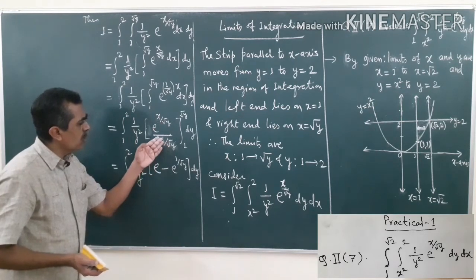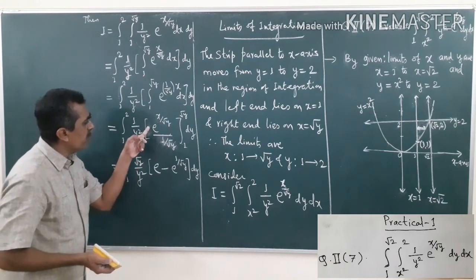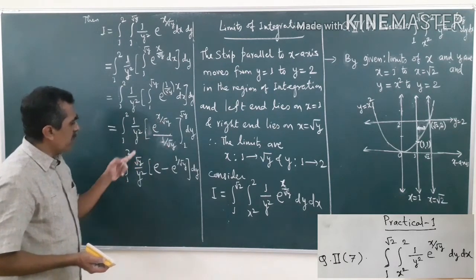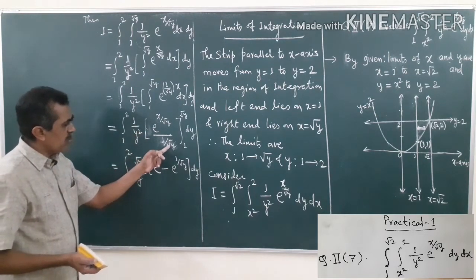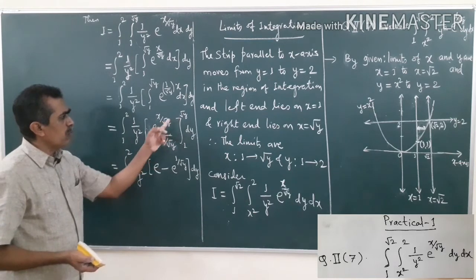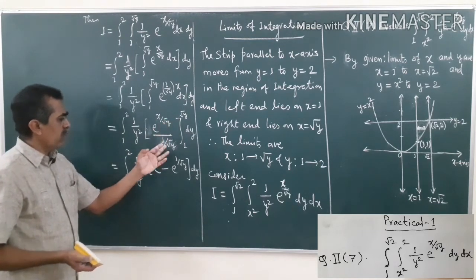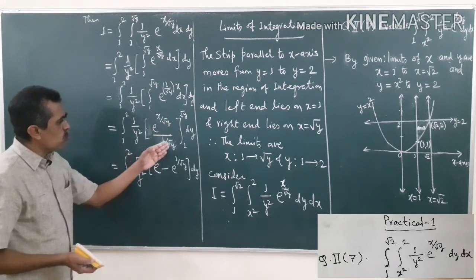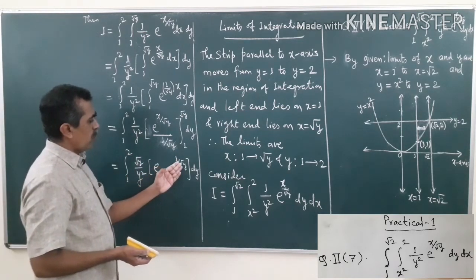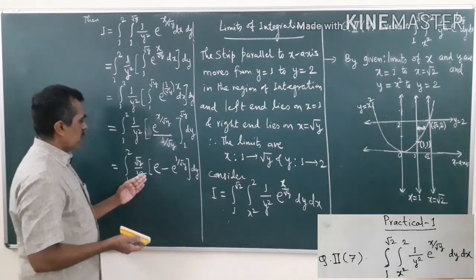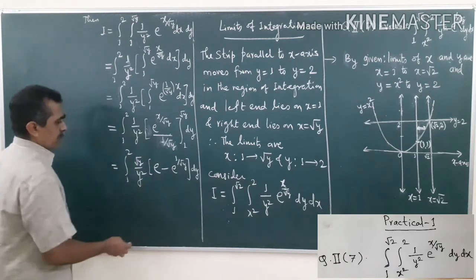I have taken the denominator into the numerator and taken it outside the limits because there is no term in x here, so there will be no difference in putting root y here. So, root y upon y square, minus e raised to 1 upon root y dy. So, this is our integral.